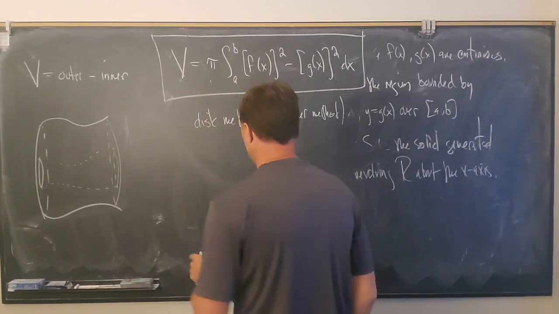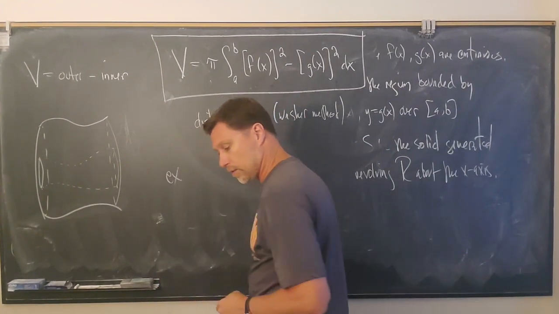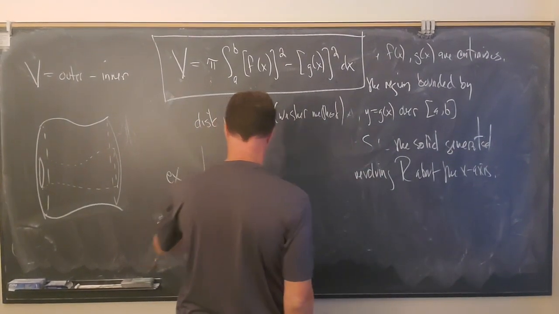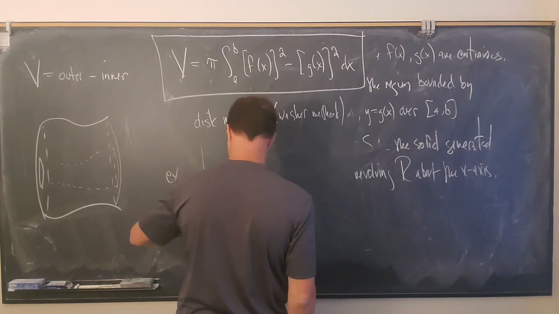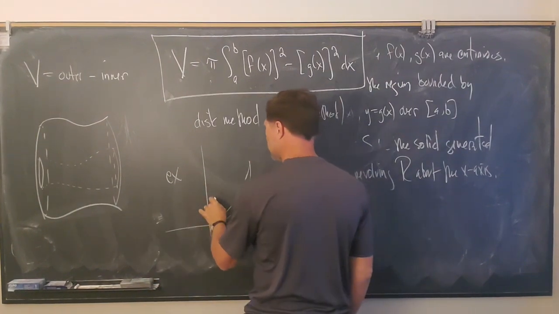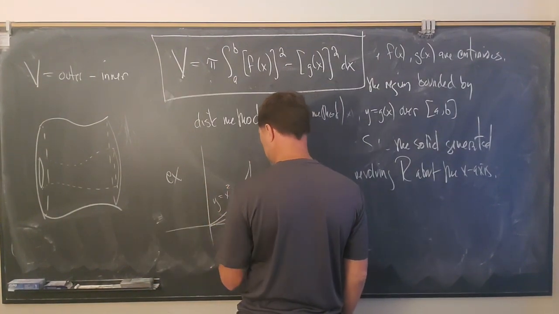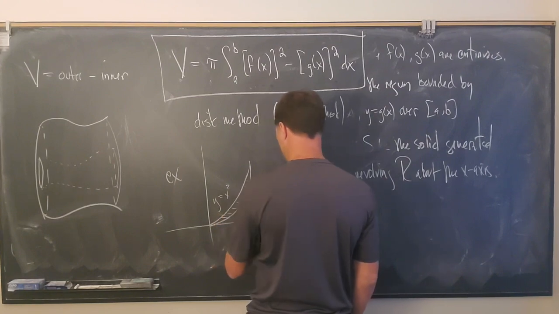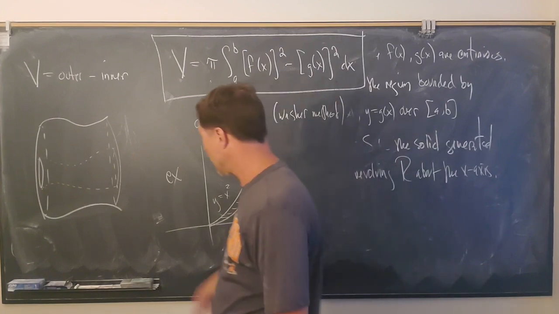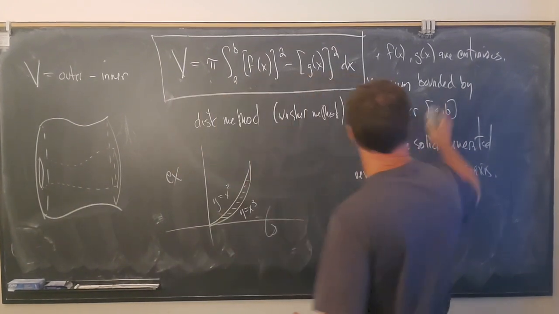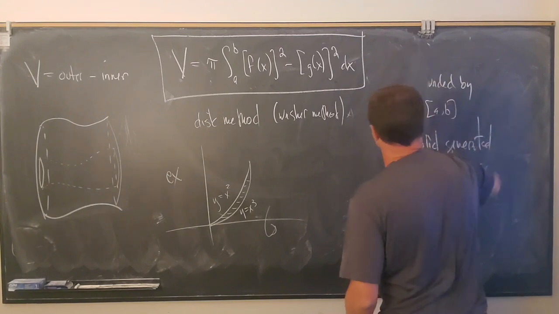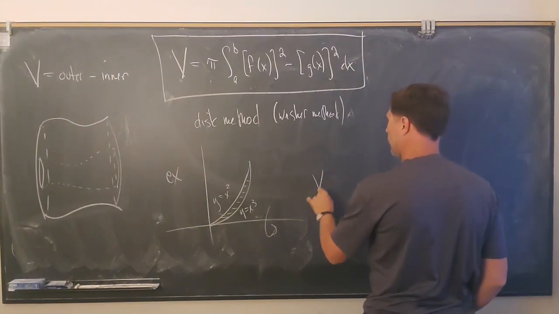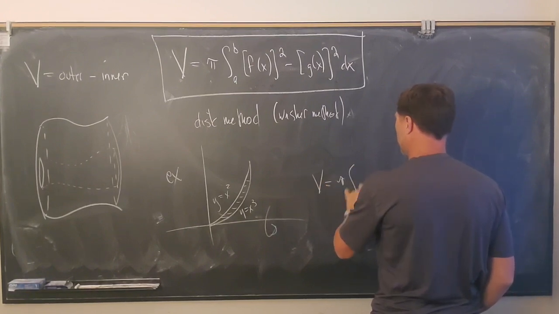Okay, so let's try a couple of examples. In all of these, I'm just going to set it up. So let's take y equals x squared and y equals x cubed. We saw this region last time. Let's take that region and revolve it around the x-axis. And then the question is, what's the volume? Well, the volume is going to be pi, integral from 0 to 1.